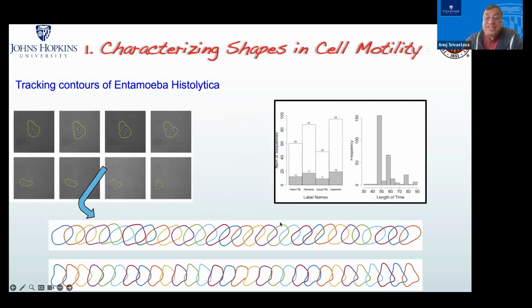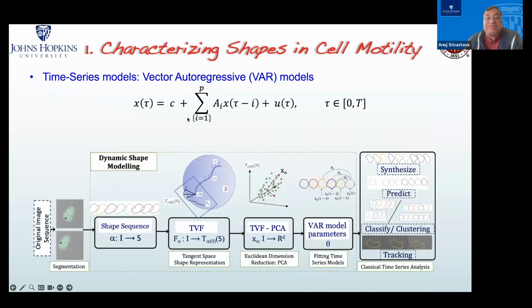The kinematic side of it is completely removed. So in answer to your question, we even removed the scale. Here we simply focused on the shape evolution. We could have kept something if we wanted in the analysis, but we removed everything: rotation, translation, and scale. And then after doing PCA, we got this discrete time series. We fitted classical time series models.